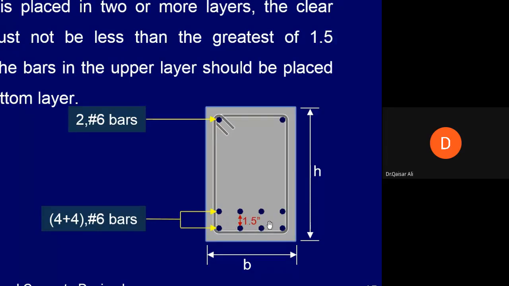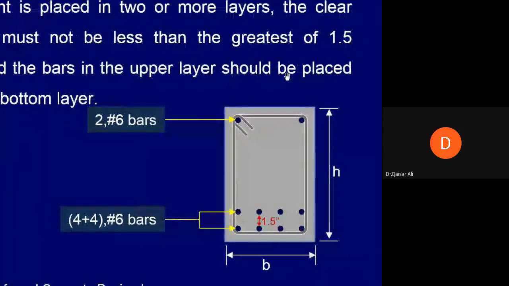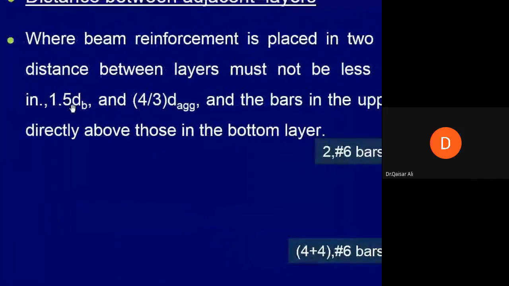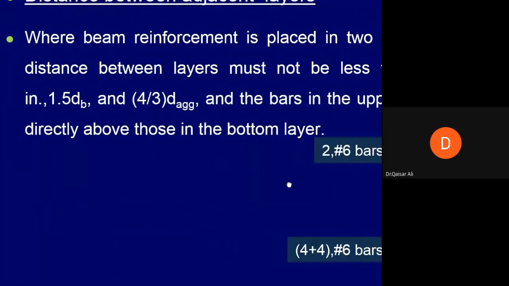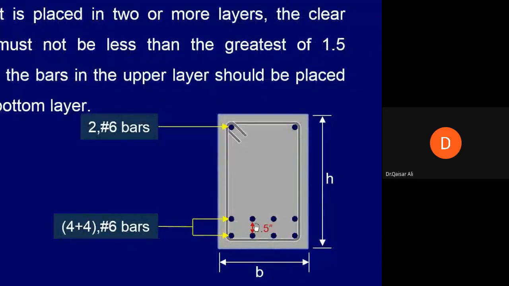Let's say the diameter of the bar is 1 inch, so 1.5 multiplied by 1 inch will be 1.5 inch, and 1.5 inch is also a requirement. There are 3 requirements, the greatest of 1.5 inch, 1.5 d_b, and 4/3 d_aggregate. The greatest of these 3 shall be taken, and the 2 layers shall be placed according to the greatest of these 3 requirements. Normally we place them with a spacing of 1.5 inch.